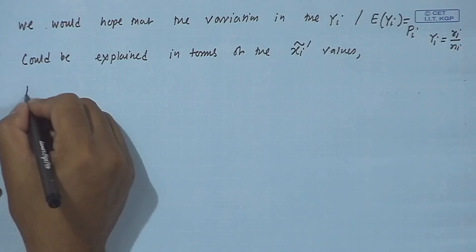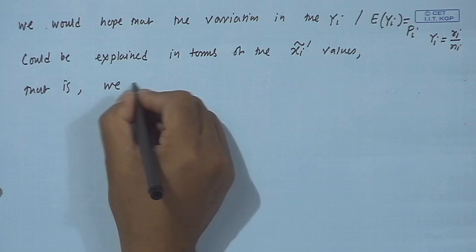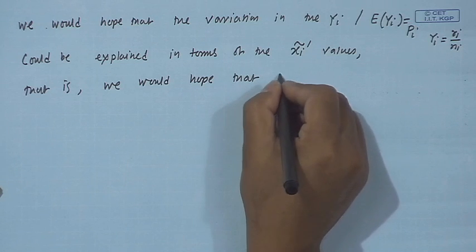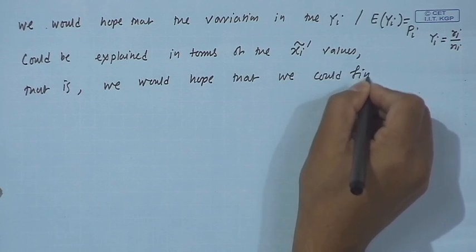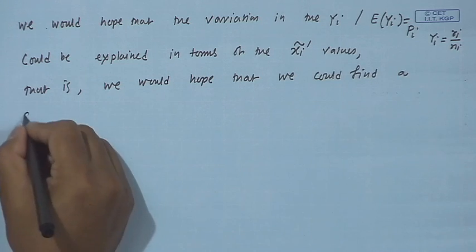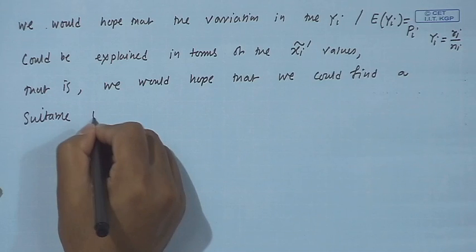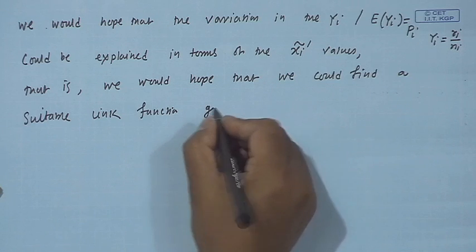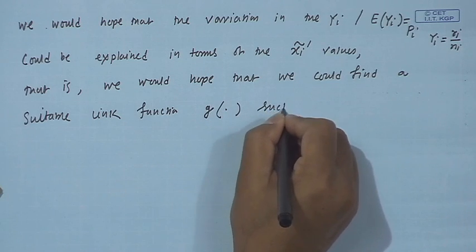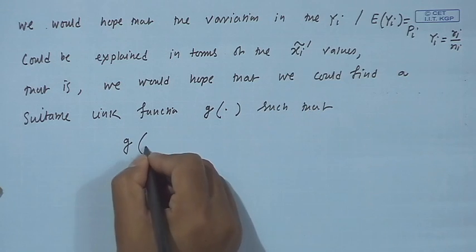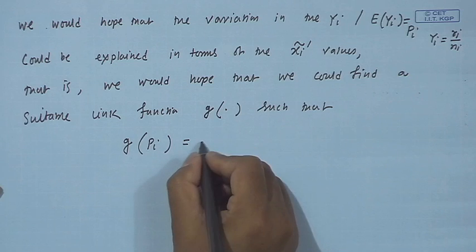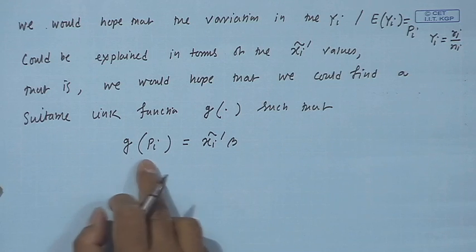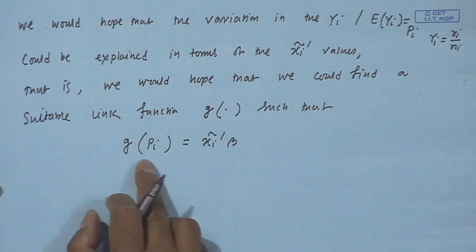Okay. That is, we would hope that we could find a suitable link function, here the function g, such that g of p_i is equal to x_i prime beta, and this link function is obtained from the natural parameter.